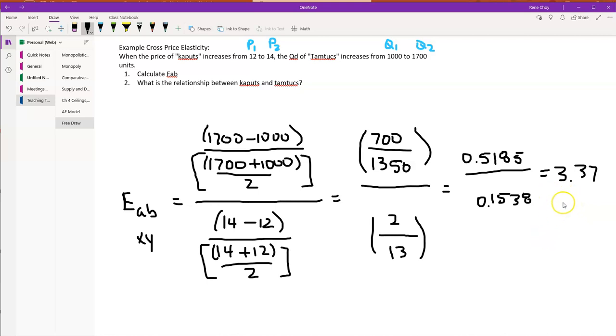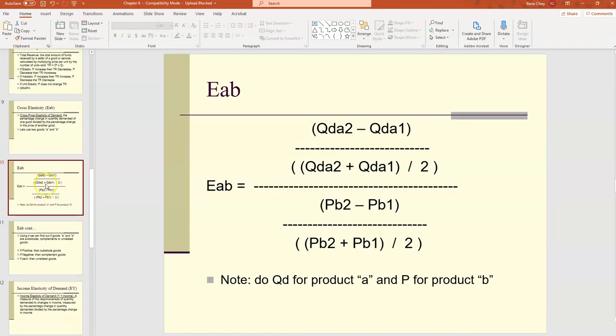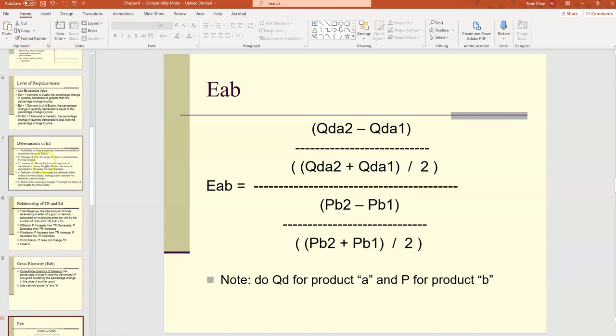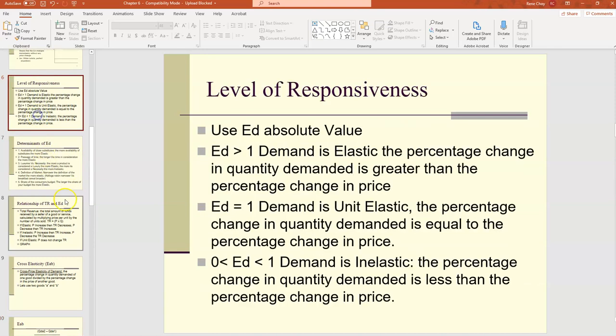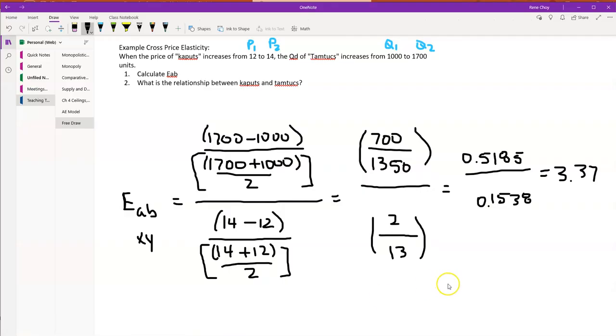Okay, so now, is this elastic or inelastic? If you remember back on my explanation of whether it's elastic or inelastic, what you need to do is take the absolute value. The absolute value of a positive number is the same number. So my absolute value is going to be 3.37.